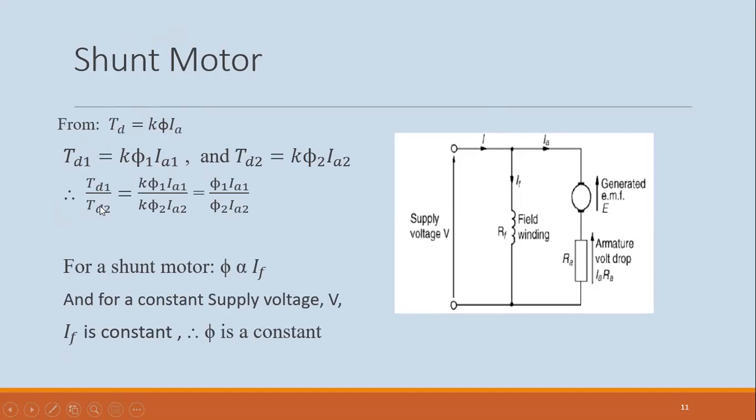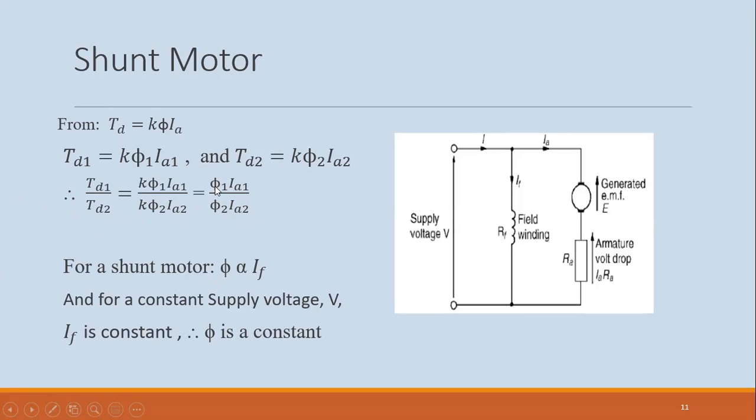The torque developed at phi 1 and Ia 1 divided by the torque developed at phi 2 and Ia 2 gives me this relationship. And hence I can use that to find a new torque at new flux and new current.